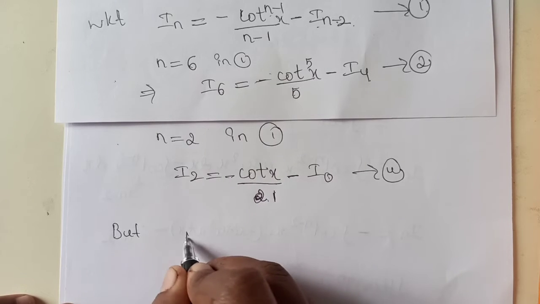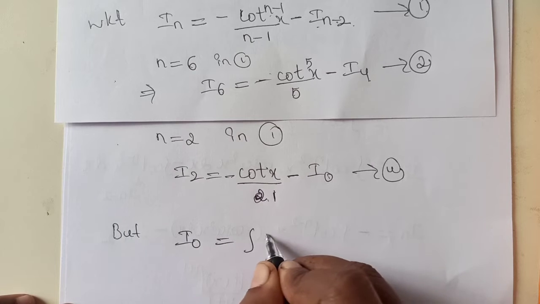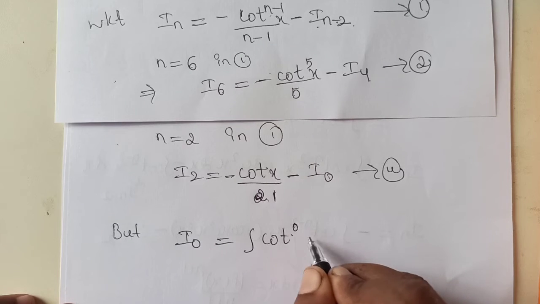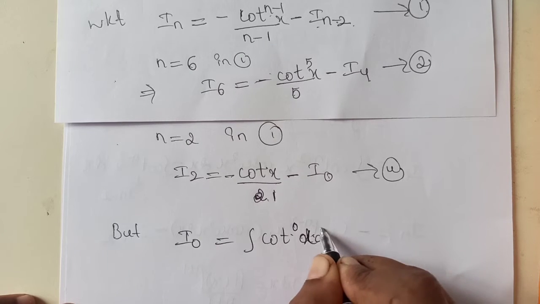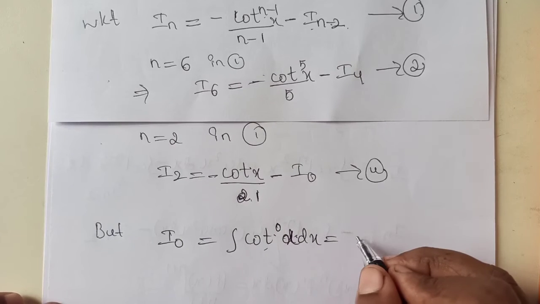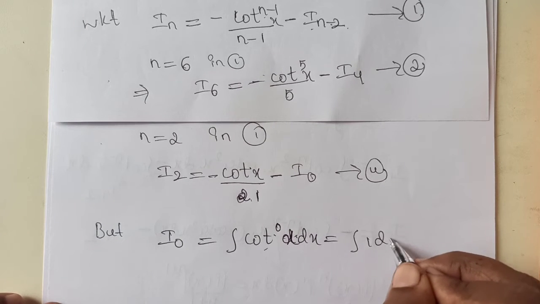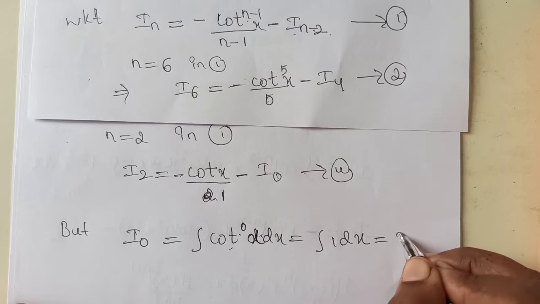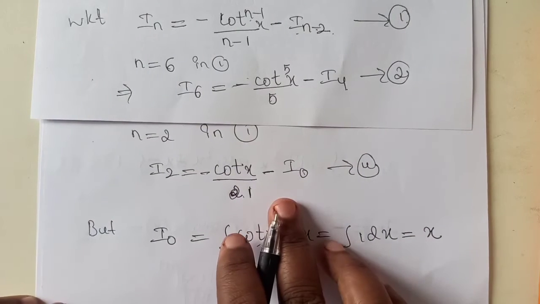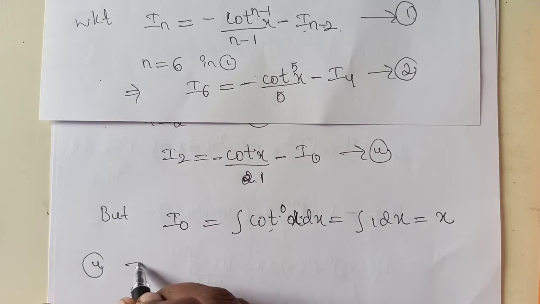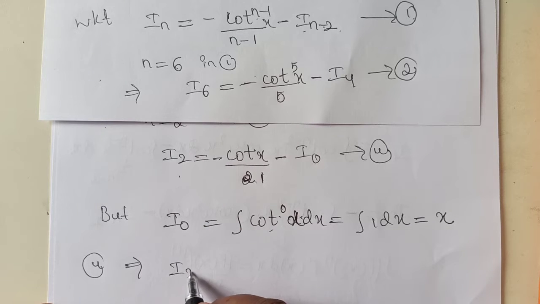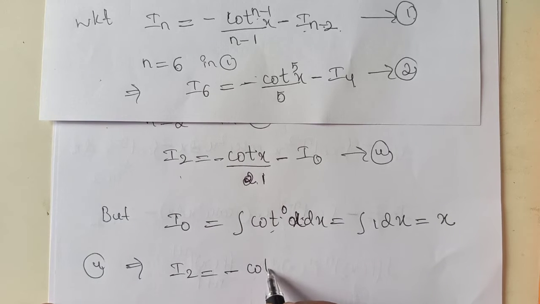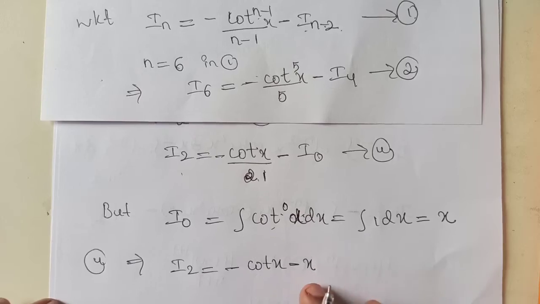So I_0 is obtained by substituting cot power 0, which is anything power 0 equals 1. Integration of 1 gives x. Therefore I_0 equals x. So equation 4 implies I_2 equals minus cot x minus x.